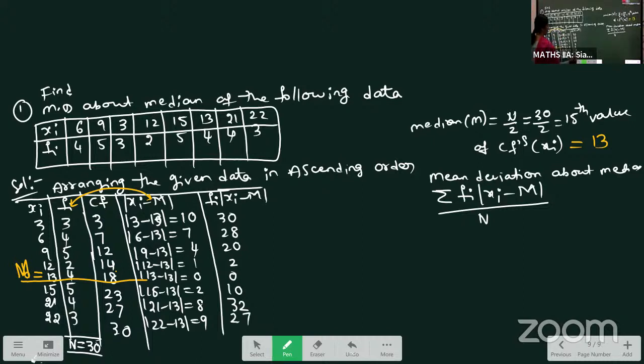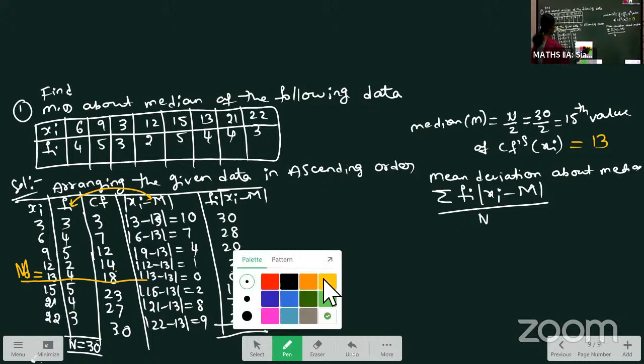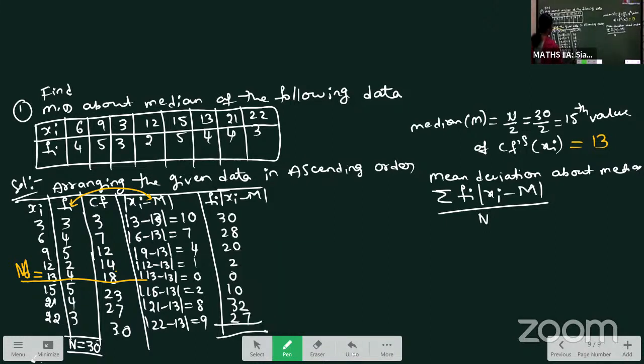Now add them. By adding the fi into mod xi minus M column, we get the total value 149.